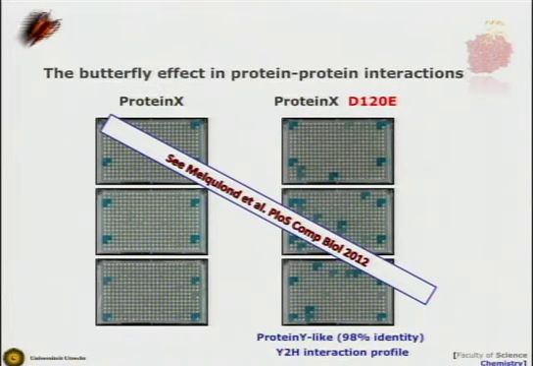This particular amino acid is involved in a salt bridge network, which is close to the interface, but by changing the side chain, you are adding a CH2 group to an aspartate. You change the dynamics of this salt bridge network, and you shift the equilibrium to a more open binding-competent state or a closed binding-incompetent state. So it's not only static structure, but dynamics also, which will be important, especially in those weak interactions.